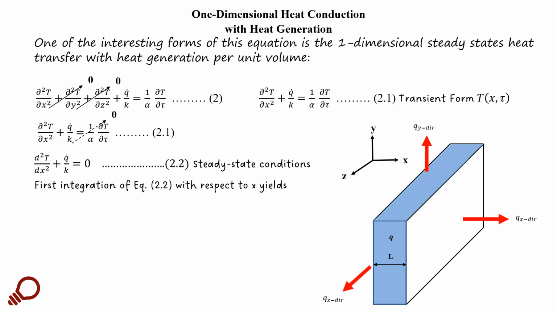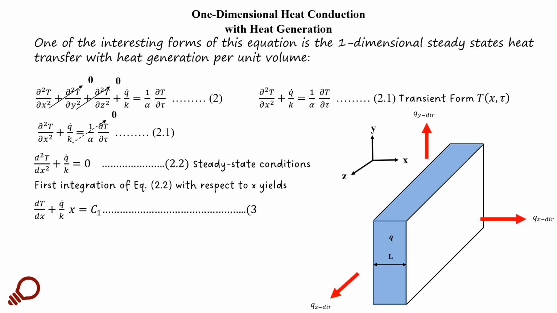To use this equation and find a solution, we need to execute an integration. The first integration will give us dT by dx plus q dot divided by k times x equals C1.